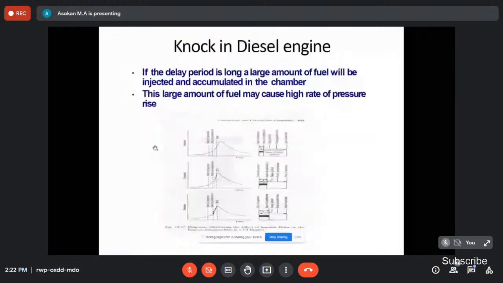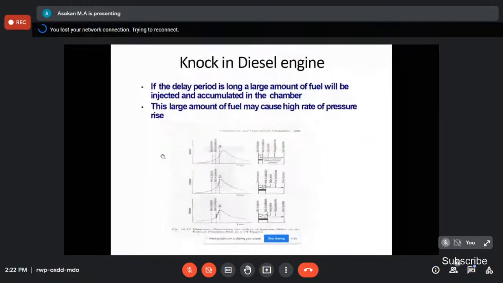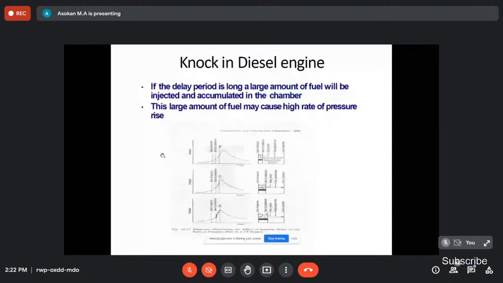See, if the delay period is long, a large amount of fuel will be injected and accumulated in the chamber. If the delay period is small, a very small quantity of fuel is accumulated during this time. If you increase the delay period, then again the pressure increases and a small knocking takes place.